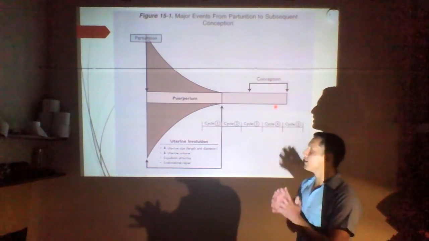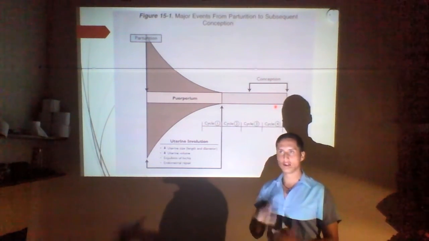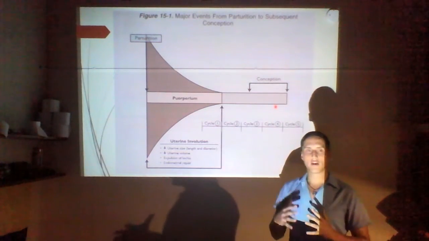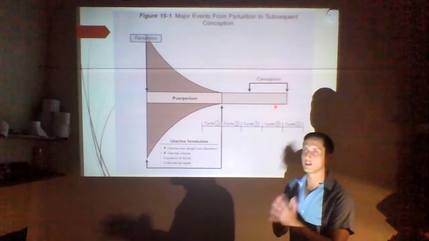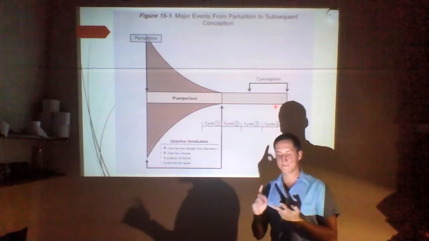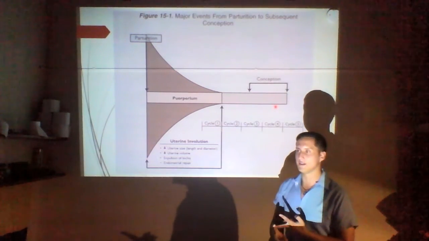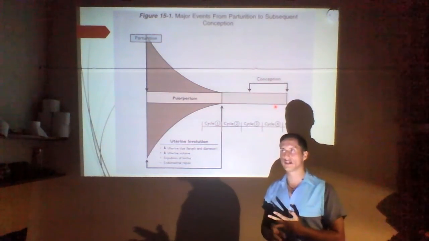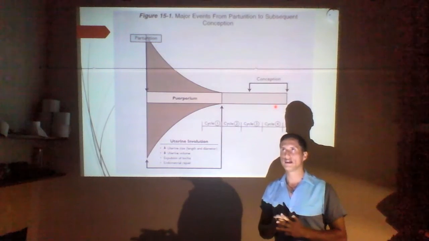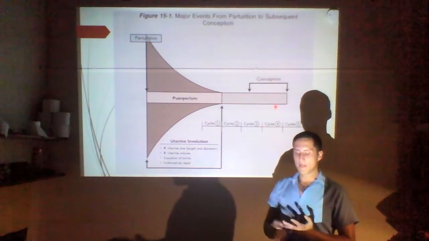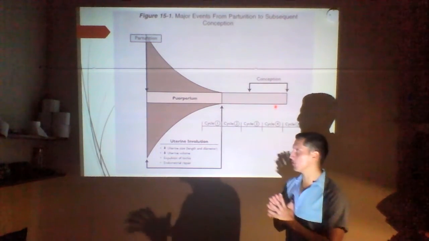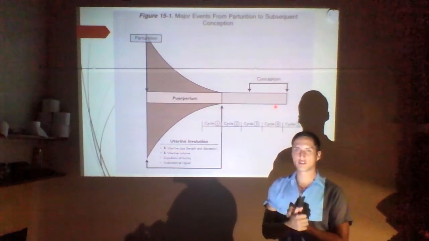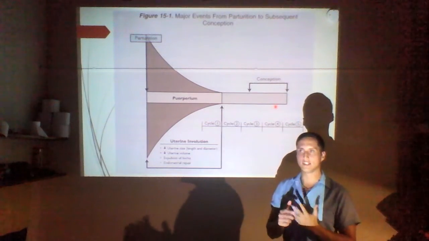So making a summary of all this process, we have to take into account that first of all we have this estrus cycle that is divided in two phases: the luteal phase and the follicular phase. And this estrus cycle is around 21 days. After that, the estrus cycle is divided in the proestrus, the estrus, metaestrus, and the diestrus.